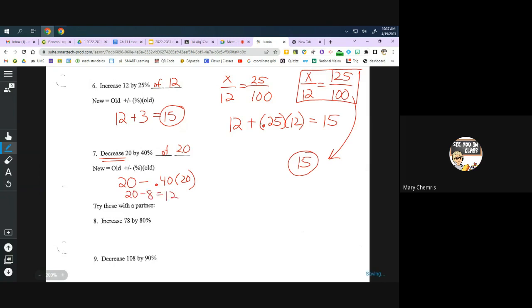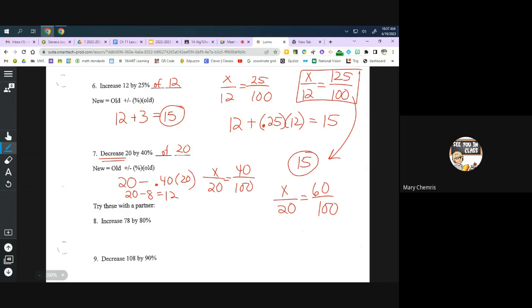That's one way to do the problem. I could figure out 40% of 20 by using this proportion to find out that it's 8. Or I could say, well, if I'm decreasing by 40%, I'm really trying to figure out what 60% of 20 is, and that's another way to set up the problem.